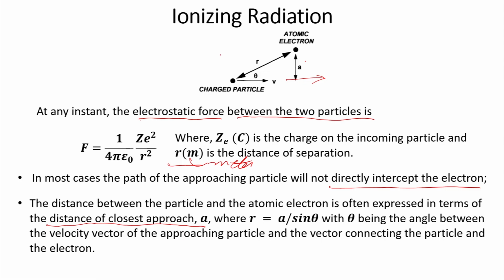If you consider a horizontal line parallel to the v vector, the distance between these two lines is a. Since a by r is equal to sin theta, you can write r is equal to a by sin theta, where theta is the angle between the velocity vector and the vector connecting the particle and the electron.